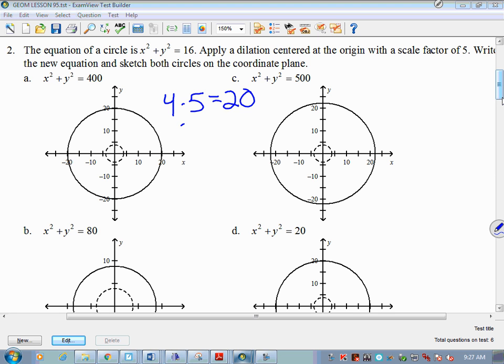Square it. What's 20 squared? 400. So that's why my answer is A. We take the original radius, apply the scale factor, then square it. Okay? So that's why we wind up with that for A on number 2.